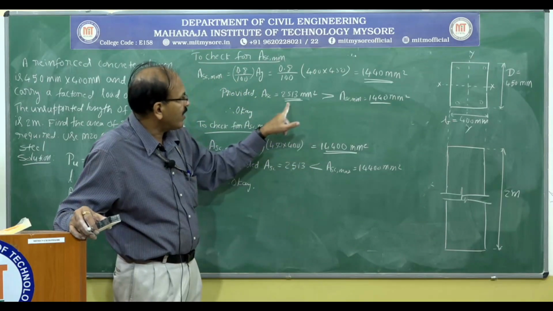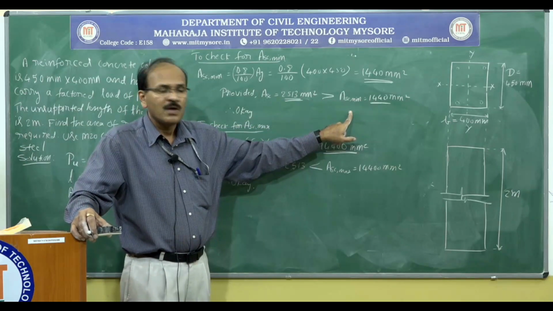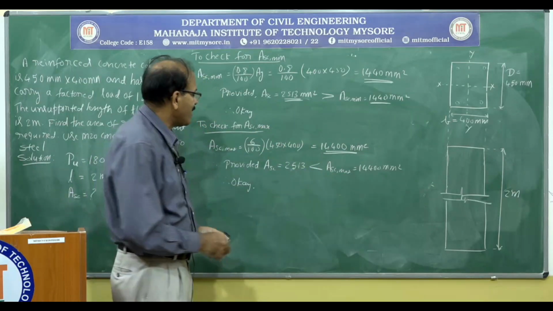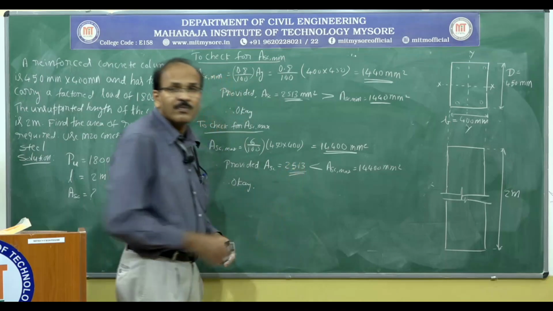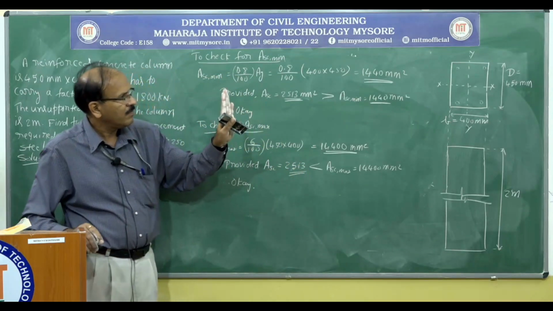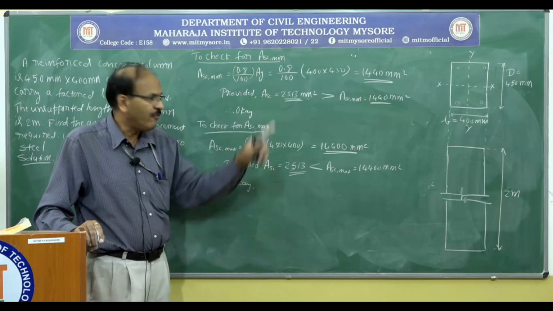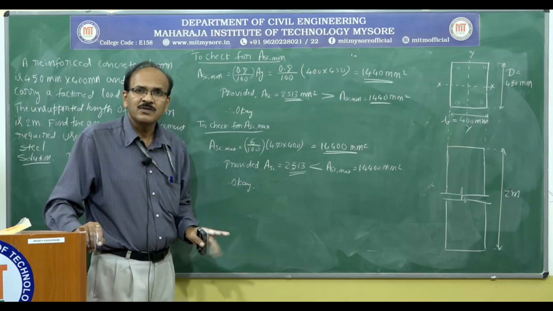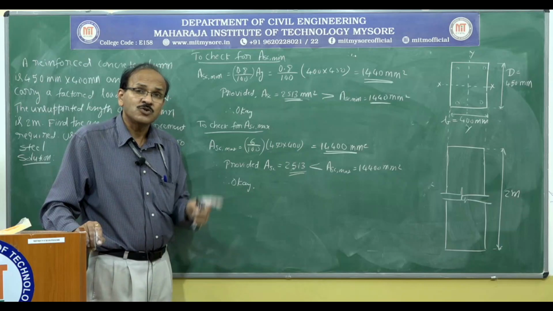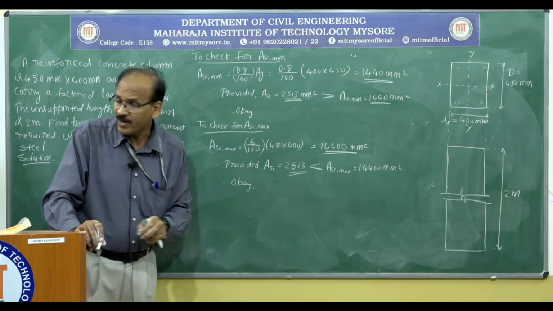So in this case we are okay. This is greater than ASC minimum and the same value is less than ASC maximum. Okay. So now the area of cross section of steel and number of bars we need, everything is calculated. So then what is the next step? The next step is to provide the stirrups, lateral ties. Okay?